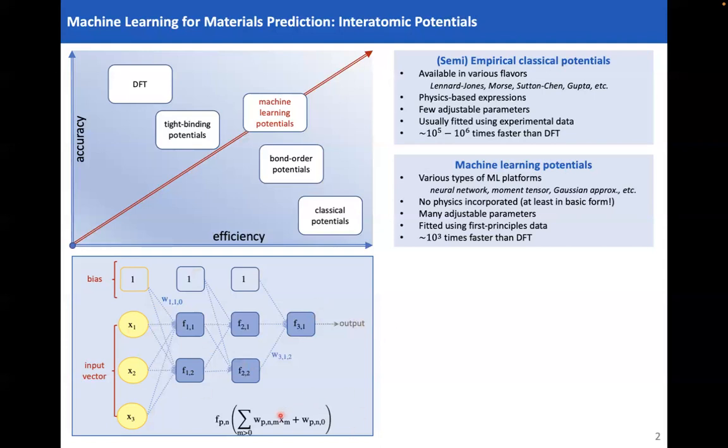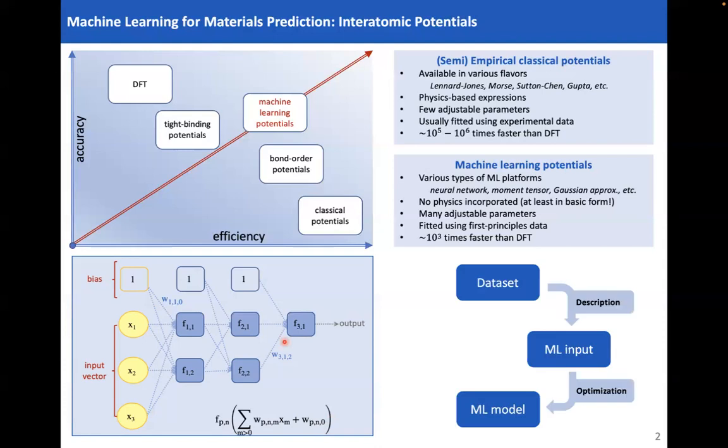The good thing about machine learning platforms is that they can mostly be represented by algebraic expressions, the output value as a function of input. So we can take analytical derivatives, and that can help a lot in training these models and finding the set of suitable adjustable parameters.